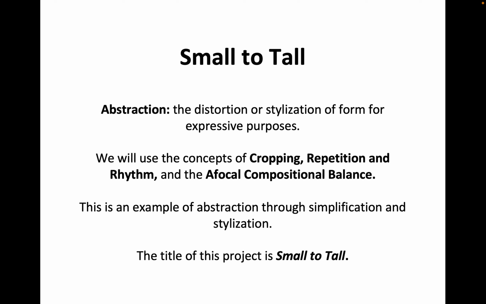You can change the dimensionality. You can change the texture. You can change how that human being or that object fits into space. Whenever you change or stylize or distort the various formal elements and principles of art and design in your representation or non-representation of an object or objects, you are abstracting.